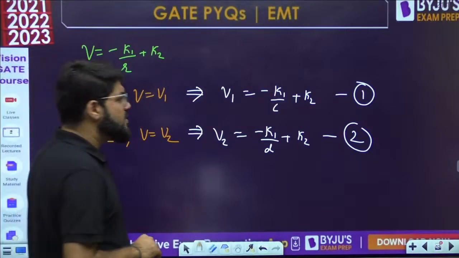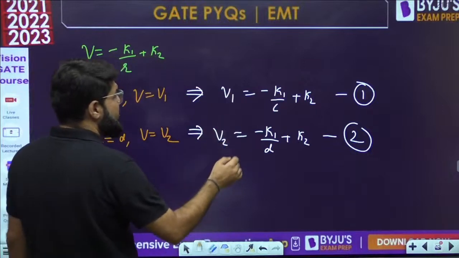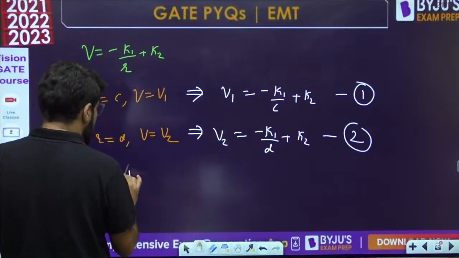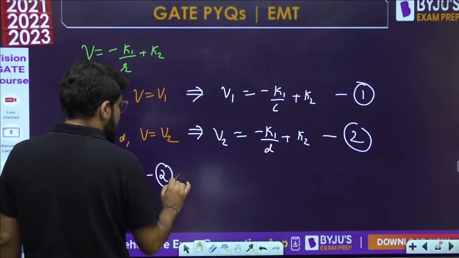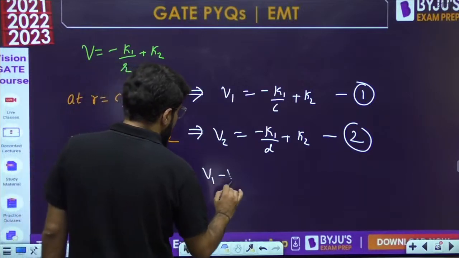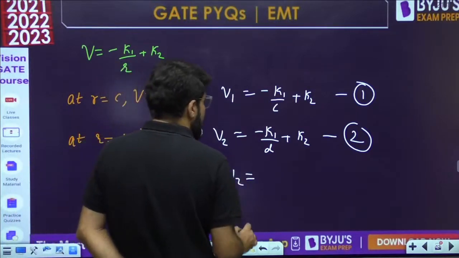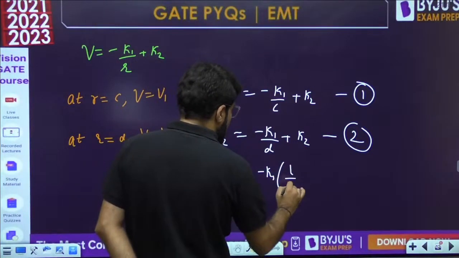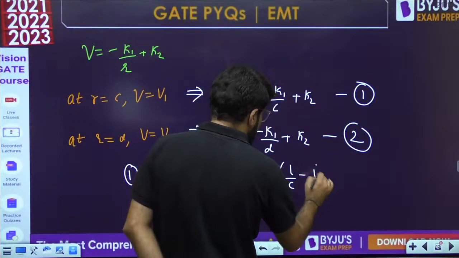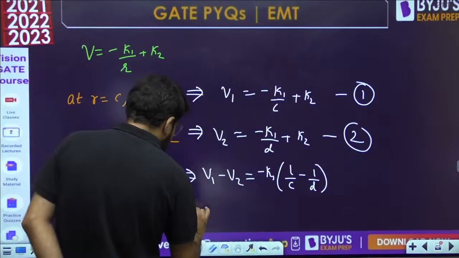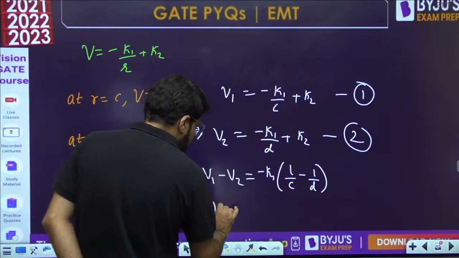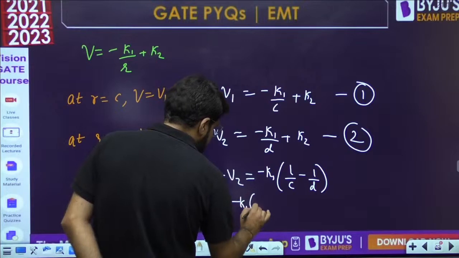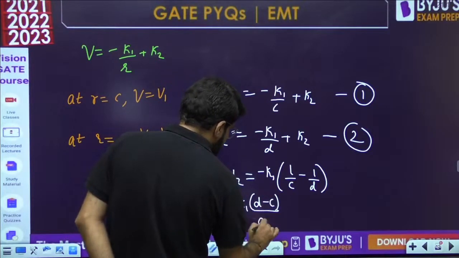I can easily get the value of K1 if I subtract the first and second equations. V1 minus V2 will be equal to minus K1 times (1 by C minus 1 by D), or V1 minus V2 is equal to minus K1 into (D minus C) divided by CD.